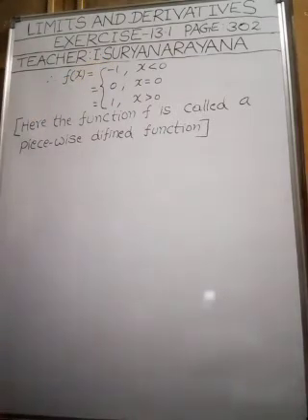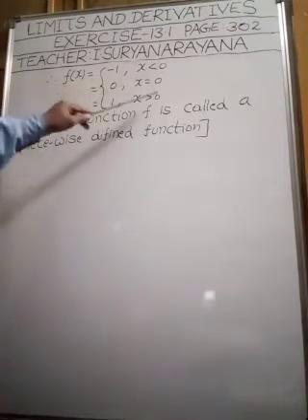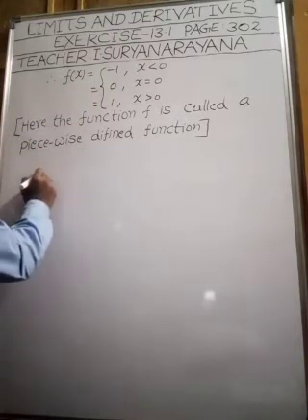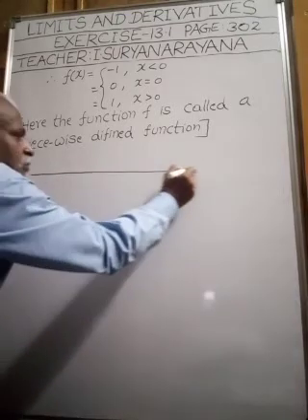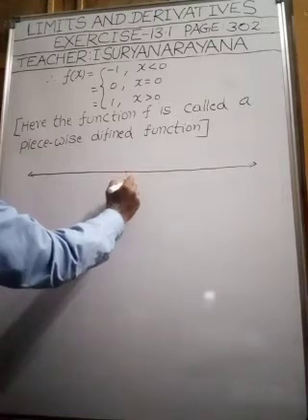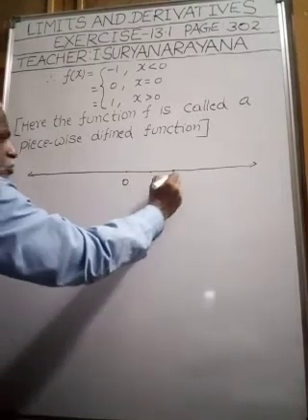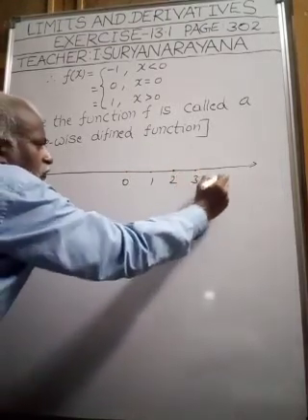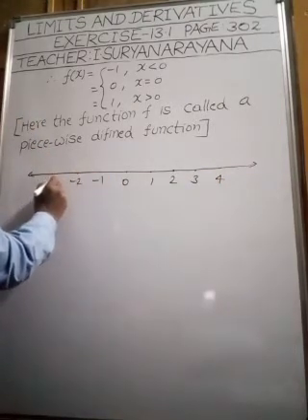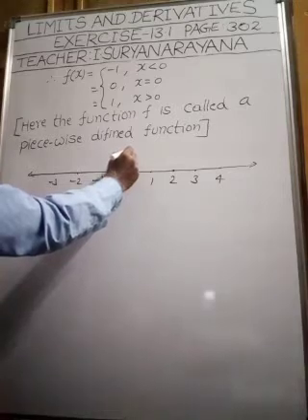Okay, my children? Now the function f is called a piecewise defined function, because in different intervals f is defined in different ways. Now I represent this function on the number line. See here 0, here 1, 2, 3, 4, left side minus 1, minus 2, minus 3.